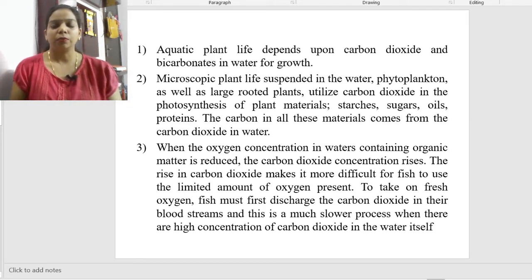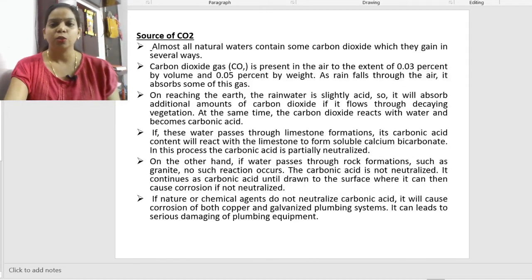Fishes and other aquatic animals take oxygen and exhale carbon dioxide. It also depends upon the amount of carbon dioxide present in that water sample. So it is very important to have an adequate amount of CO2 in any water body, so that aquatic life can exist there. That is why fishes don't exist in all water resources. They exist only in particular sources where the CO2 amount is suitable for them.